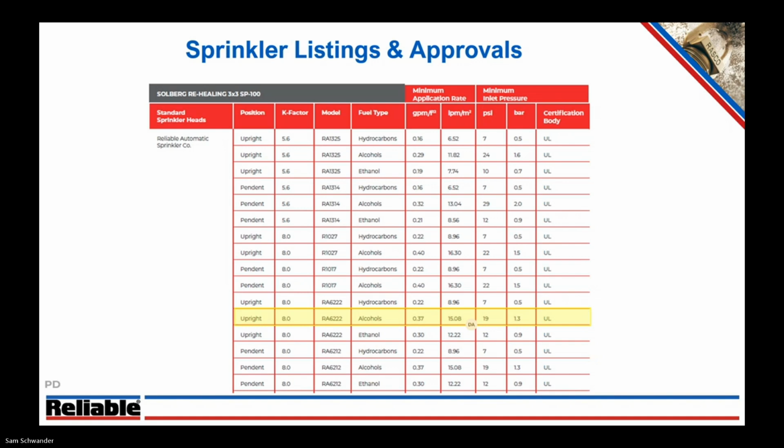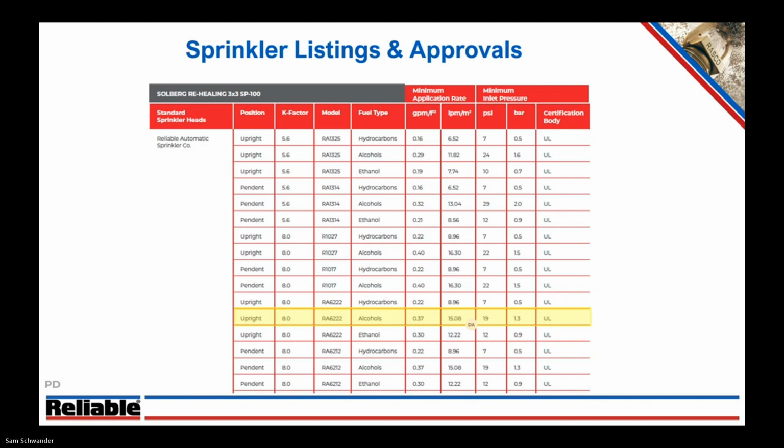Now, every individual head, and Mark will talk a little bit about this later, is tested with the listing agencies and has an approved application density. So one 8K head might have a slightly different application density than another. But one thing that's consistent with fluorine-free foam versus the older AFFFs is that on polar solvents, we're seeing higher application densities with closed-head sprinklers.